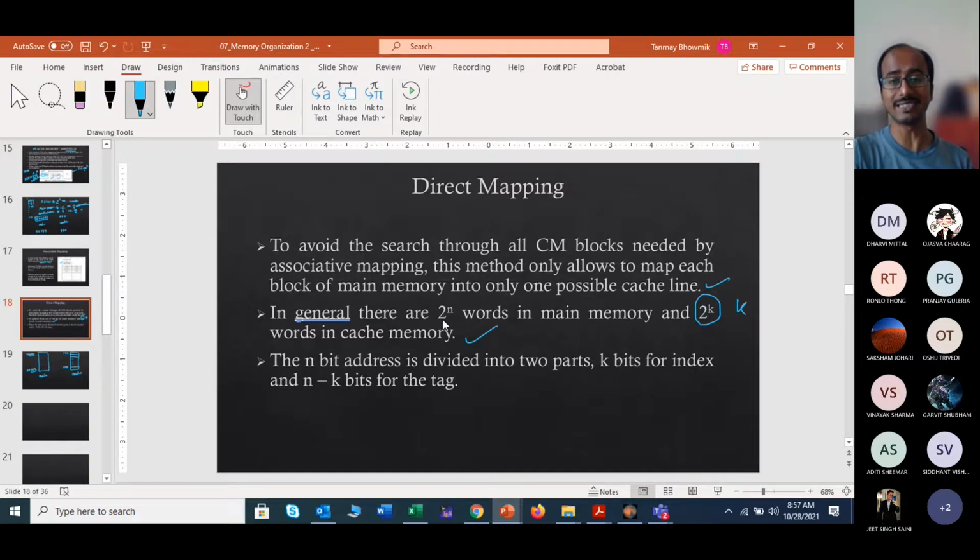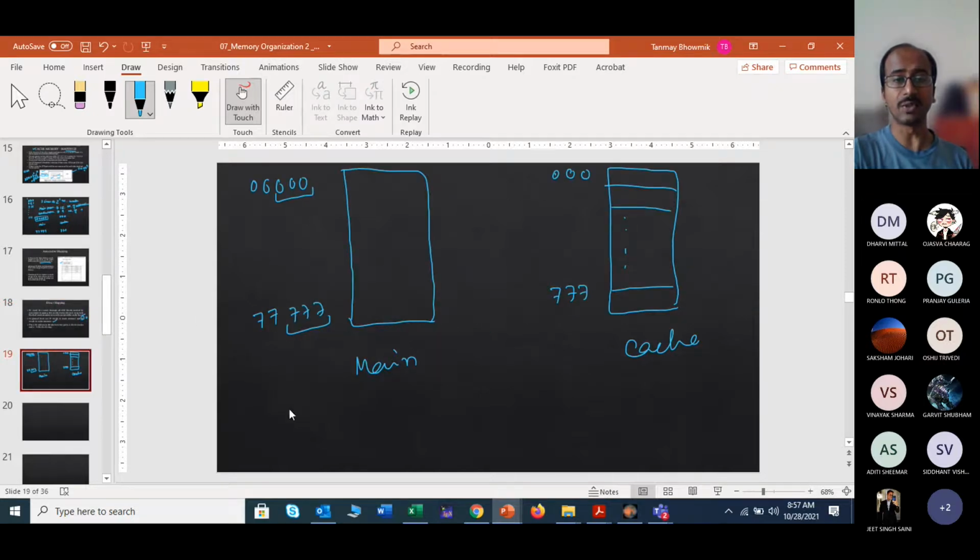The main memory address is an n-bit address, just like here, and the cache has a k-bit address. So you will keep this k as your index field, just like this 3 is your index bits, right? And the length of the tag will be simply n minus k, because the total is n.